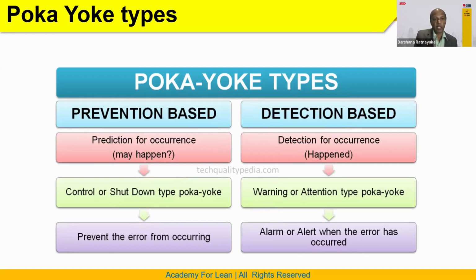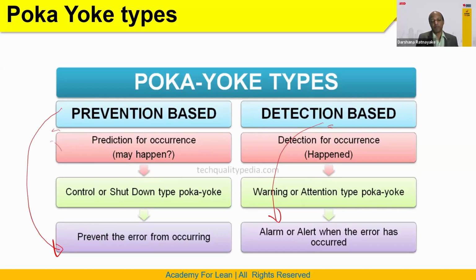Those are the two different types of error proofing. In the first type, before defects happen, the machine is stopped. That means in prevention type, you will not get any defects. In detection type, the other way, the very first defect comes, then it's stopped. That means a second defect does not come.